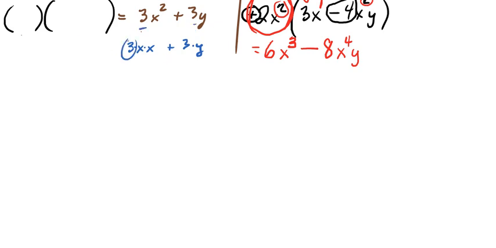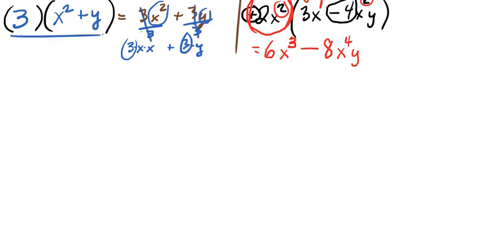So here's the 3 and the 3. So I put the 3 out front. Is there anything else that's common for variables? No. So, guess what? I put what's left over. When I divide the common factor out from each term, I put whatever's left over back in the brackets. So that's going to be x squared plus y. And that's factored.